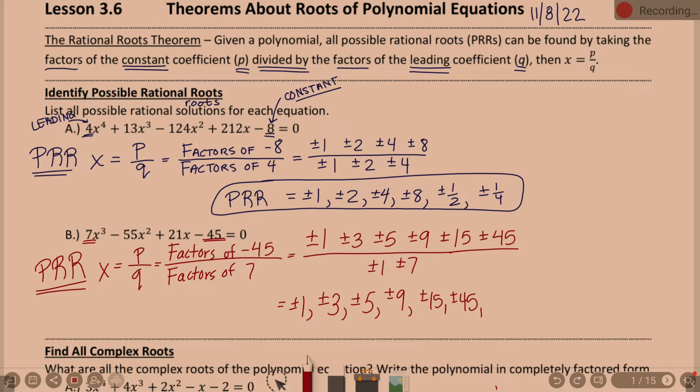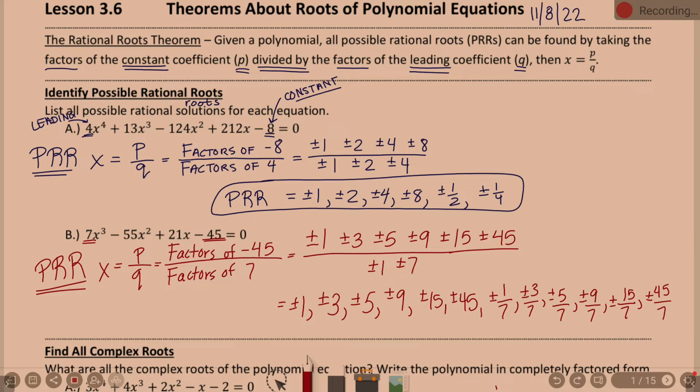And then what do I do with all those same numbers? Put them over 7. We're not going to run into any repeats this time, are we? So plus or minus 1 over 7, 1/7. 3 over 7, so 3/7. 5/7. 9/7. 15/7.